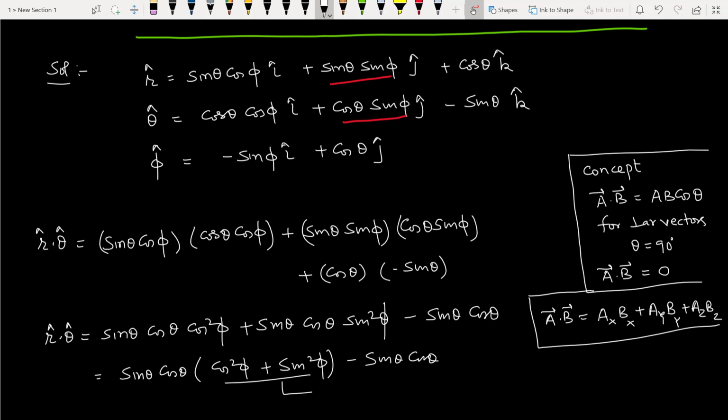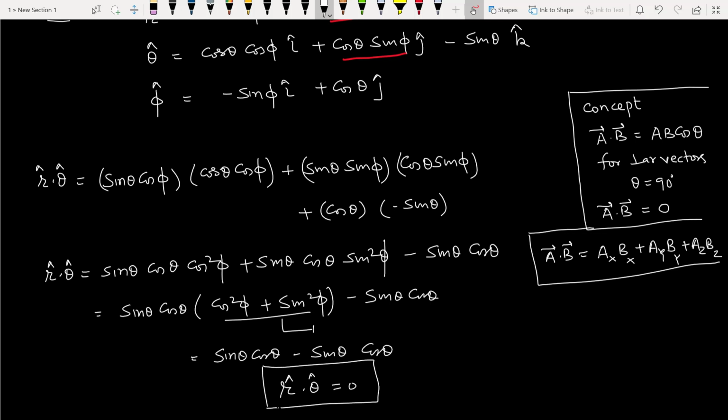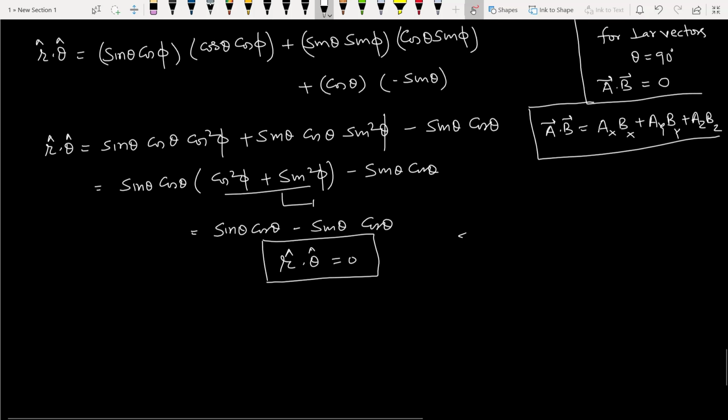This is 1, so it will be sin theta cos theta minus sin theta cos theta. So here we have r cap dot theta cap equal to 0. So r cap and theta cap are perpendicular to each other.